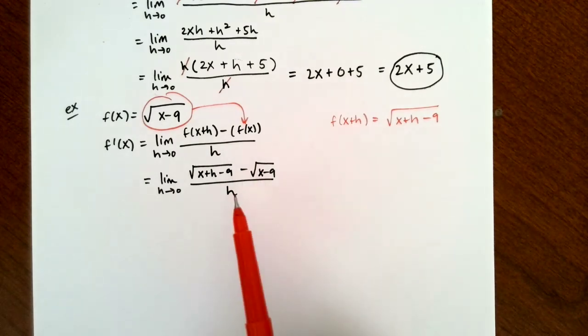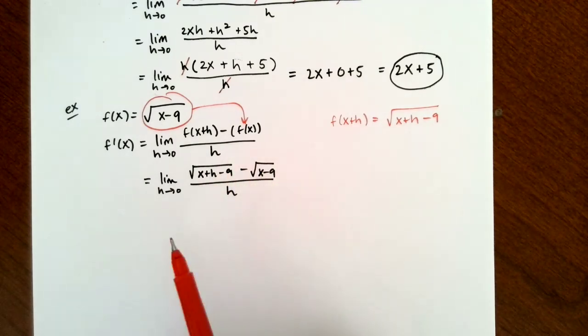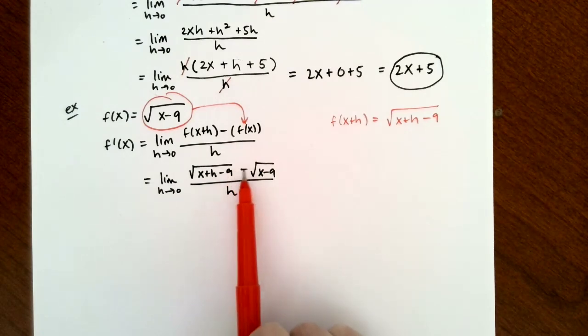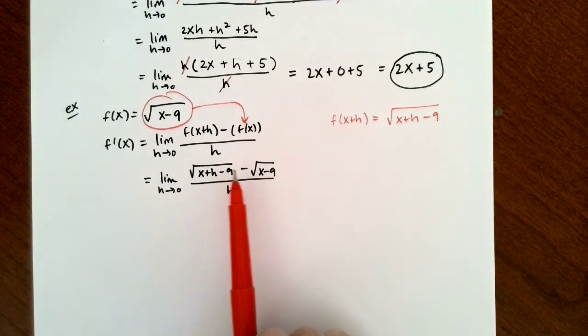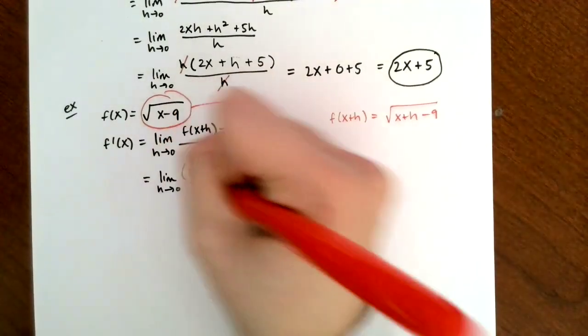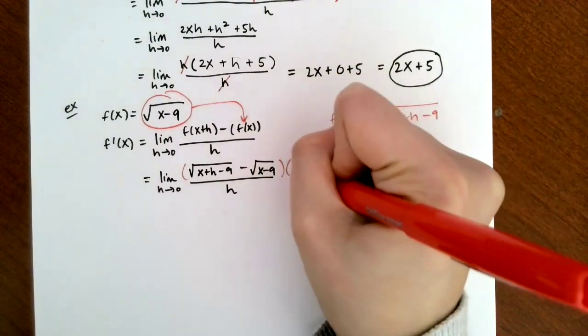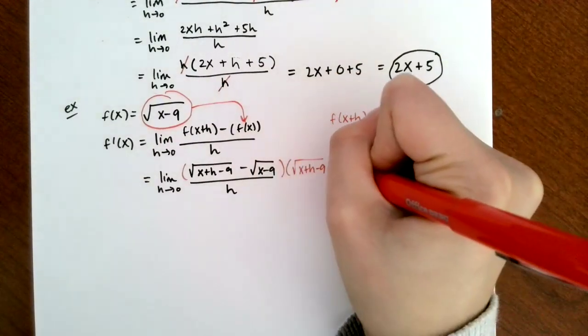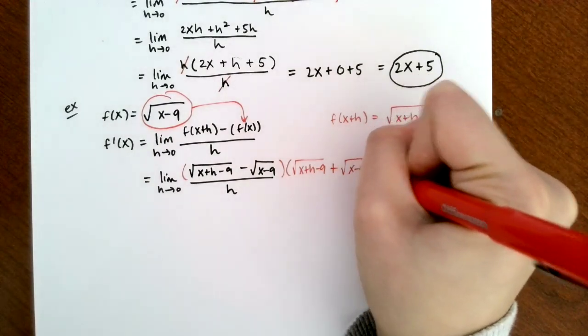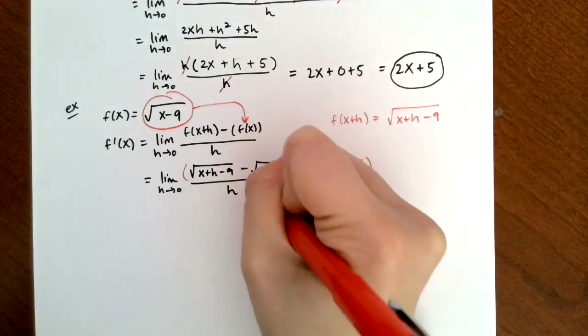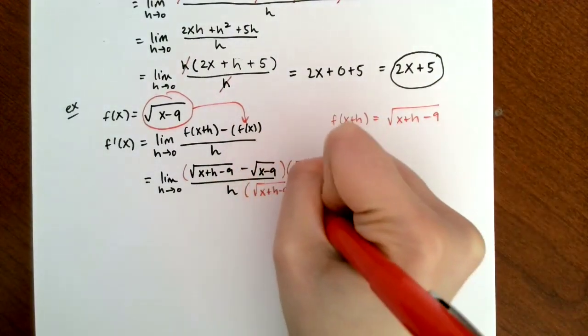So I'll multiply the top and bottom times the conjugate of the square root stuff. So instead of root minus root, I'll multiply times this root plus this root. So that's root x plus h minus 9 plus root x minus 9. Same thing on the bottom to keep it balanced.